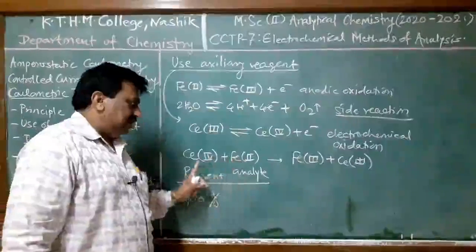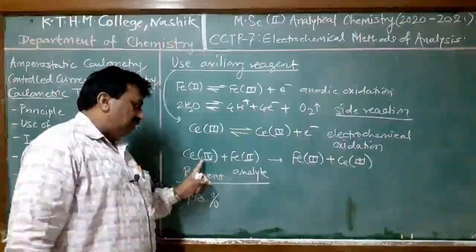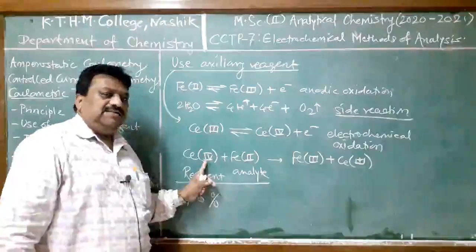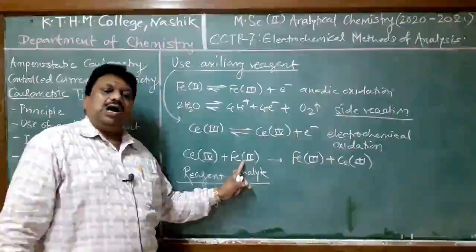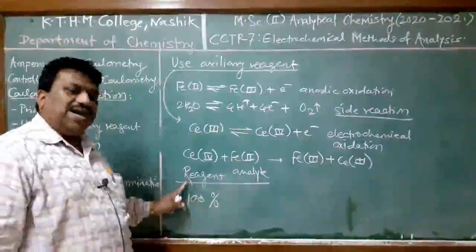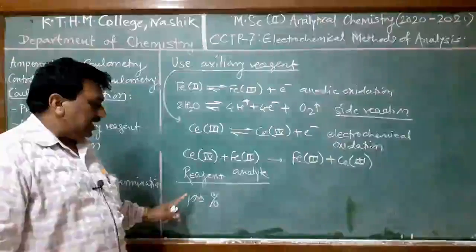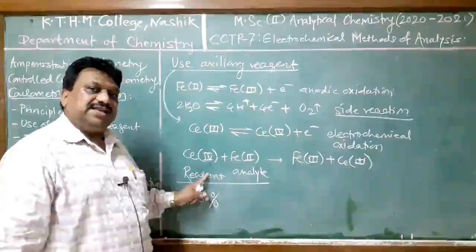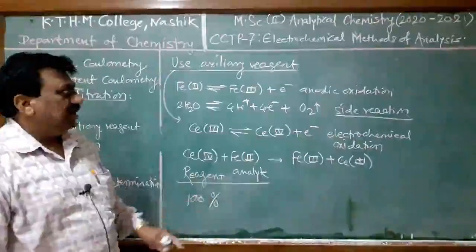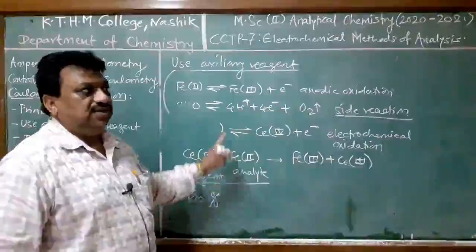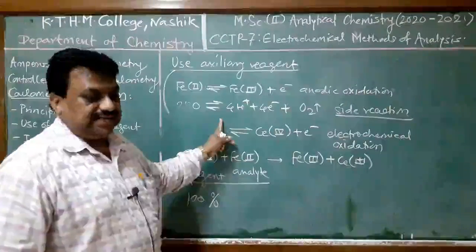And here, whatever current is required to generate this amount of cerium 4 plus ion is proportional to the amount of iron(II) present in the solution. Therefore, by means of Faraday's law of electrolysis, we can determine the concentration of iron(II) present in the solution.